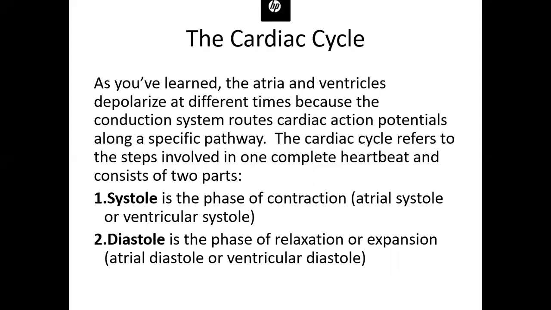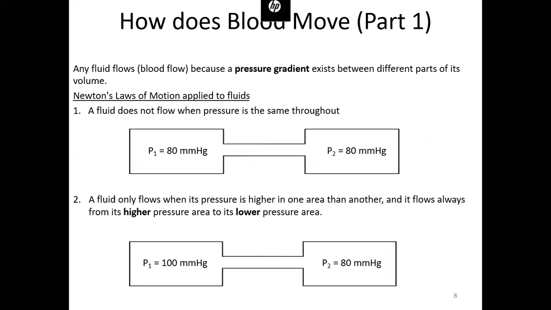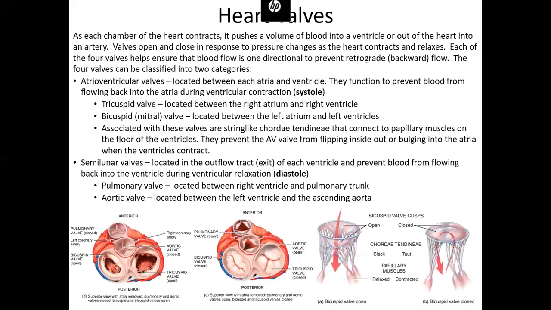Now, going back to the page where we discussed heart valves, I had in parentheses ventricular contraction or systole, ventricular relaxation or diastole. And as I walked through that section of the lecture, I talked about the terms systolic and diastolic.